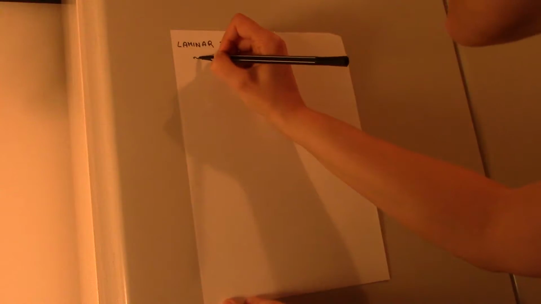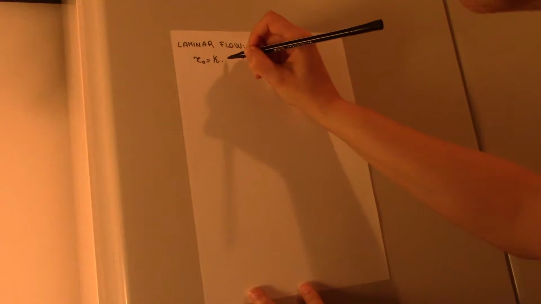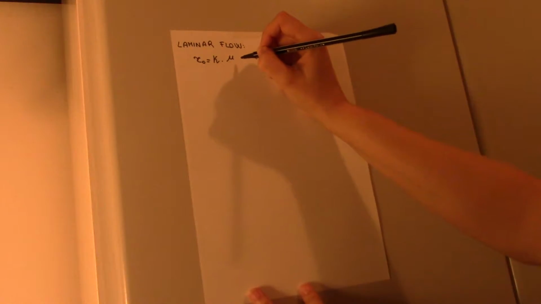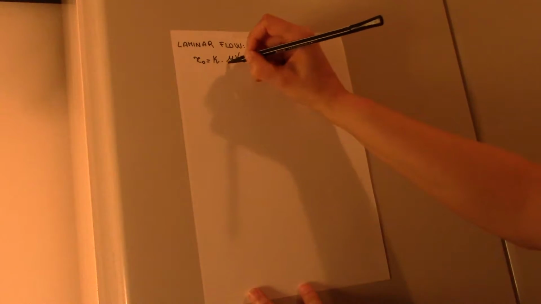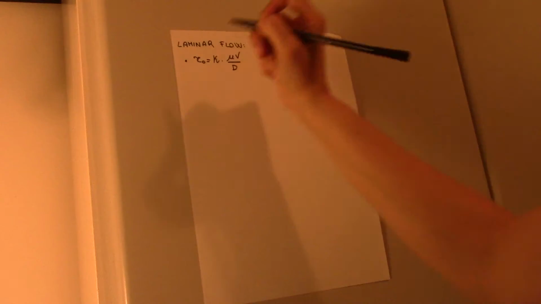We said that from dimensional analysis, tau 0 is equal to a factor k times mu, the velocity, over D. So this is our first equation.